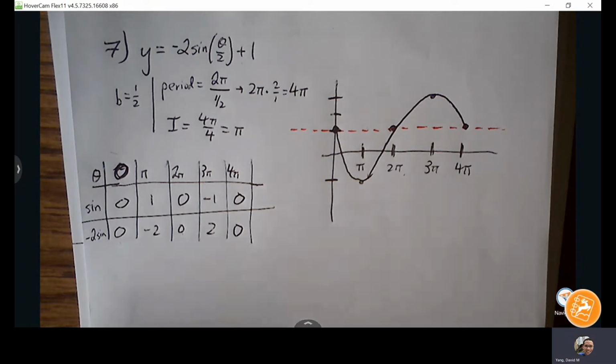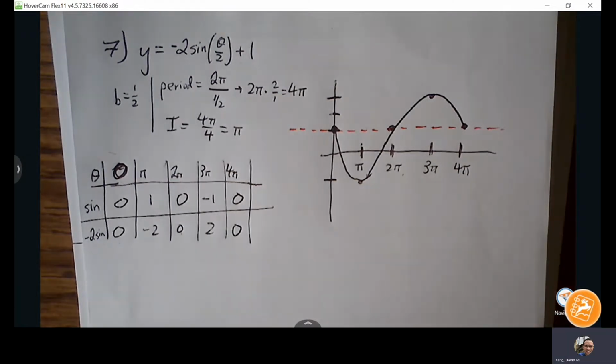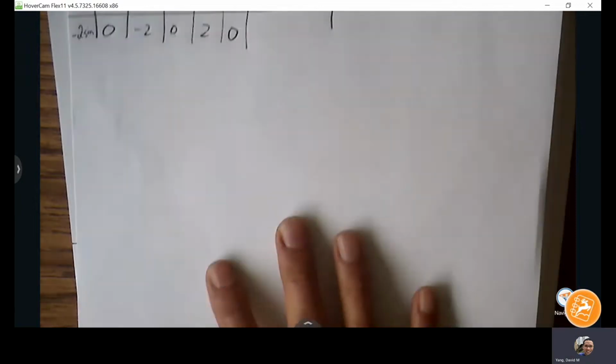Okay, all right, number 8, we're going to add a little bit more complexity because there's going to be a phase shift. Does anybody still need to look at number 7? Okay, so here's number 8.